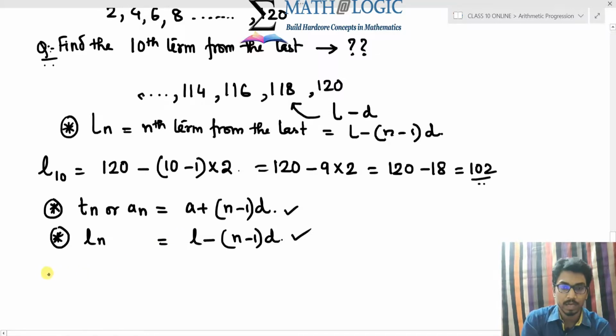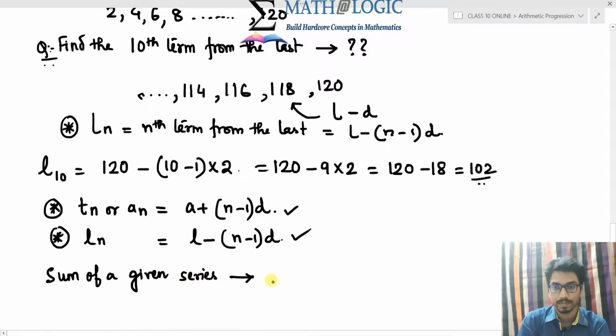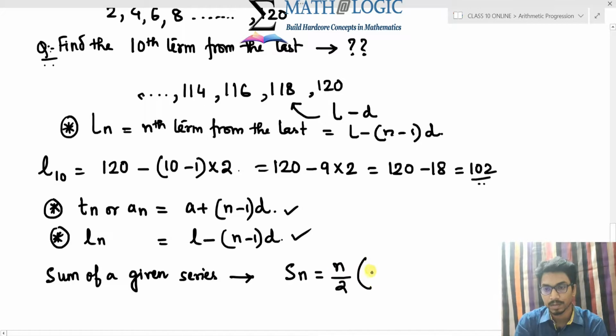Now what is the sum up to n terms? Sum of a given series. First of all, I am giving you the formula, and after that I will derive it for you. Sum of a given series is given by Sn is equal to n by 2, where n is the number of terms of the series, multiplied by first term plus last term.